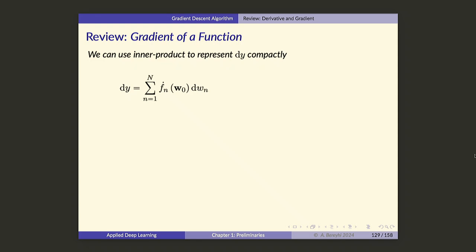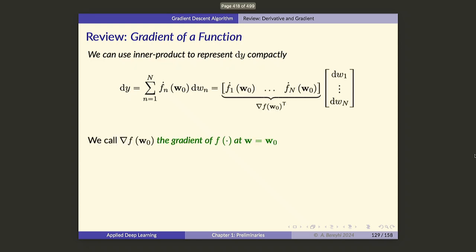The elements of that tiny movement. So this is the inner product of that collection of partial derivatives with my movement vector, and this new vector is what I call the gradient of my function. Clear?